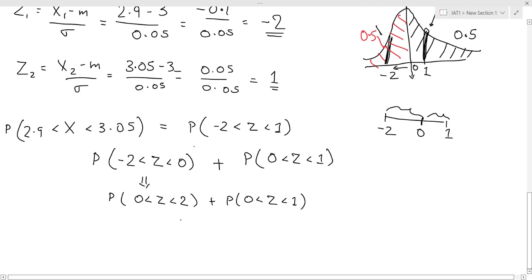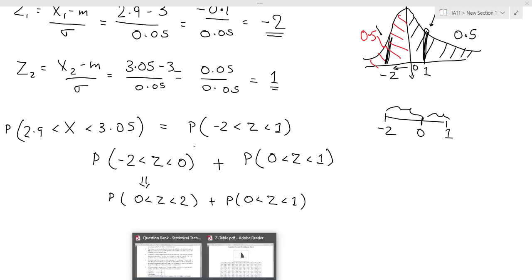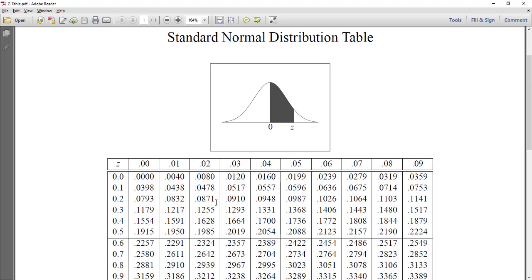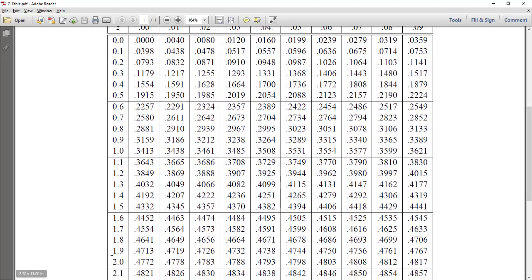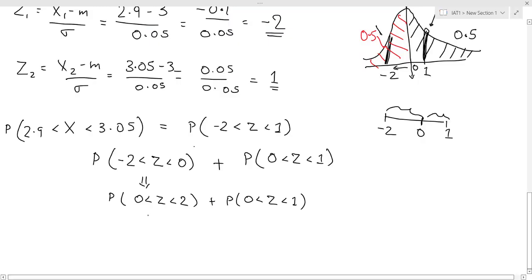So what is the area between 0 and 2? To find it, we will go over here and find the z value 2. See, z value 2 is over here. What is the value? 0.4772. This is the value that we are interested in, 0.4772. You write it over here. What is the area between 0 and 1?